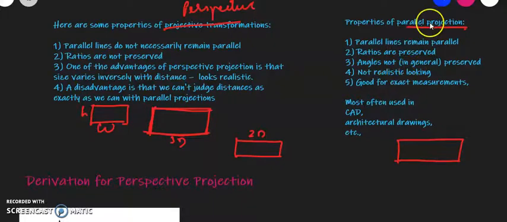Okay, and when I say parallel projection, it is mostly used for CAD automations, CAD animations, and architectural drawings, wherein I want to draw the object with perfect dimensions, and I'm not taking care of the realistic image. Now, a very good example of perspective projection is our human eye.